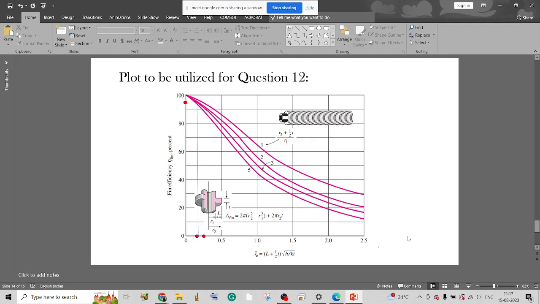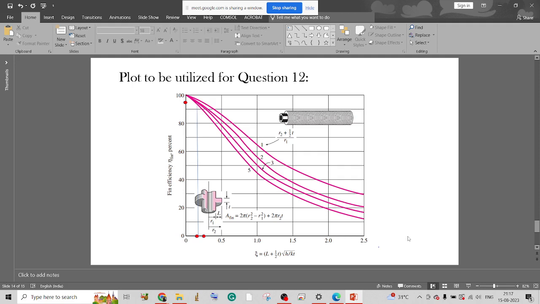As we move in this direction, the temperature will decrease. So we don't need to find the temperature, as we have already found the efficiency. The efficiency multiplied by the maximum fin heat transfer will give us the actual heat transfer, right?